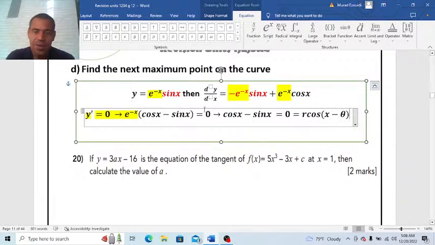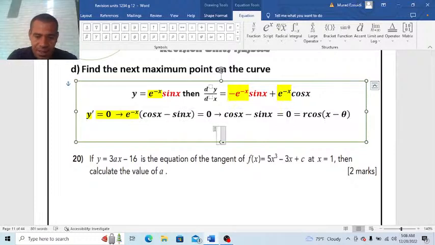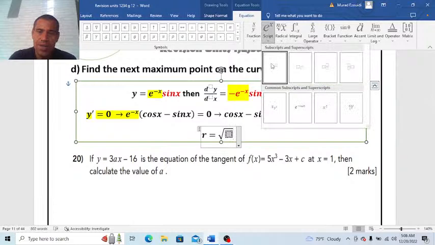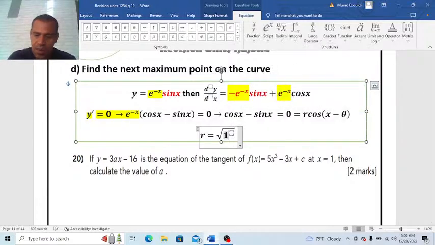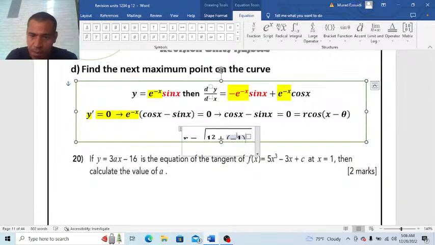Therefore, for the radius, you can see this is 1 multiplied by cosine, and this is minus 1 multiplied by sine. Therefore the radius r is equal to the square root of 1 squared plus, between parentheses, minus 1, close the parentheses, squared.